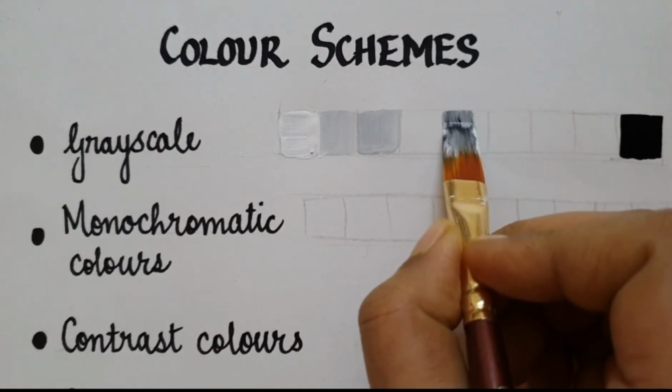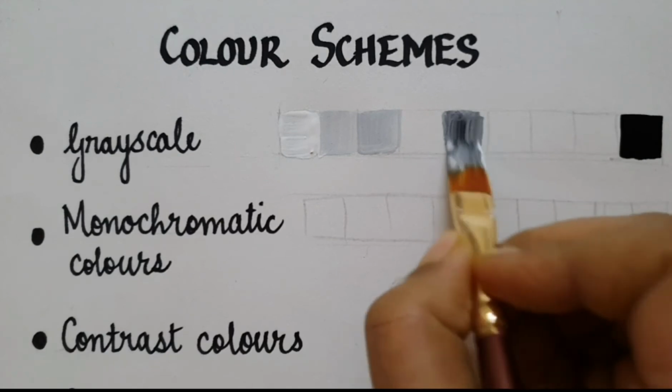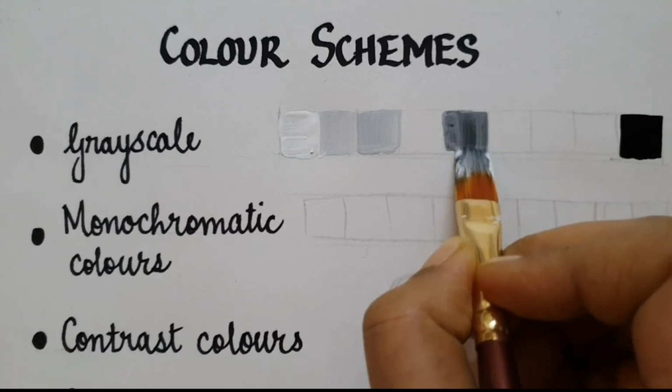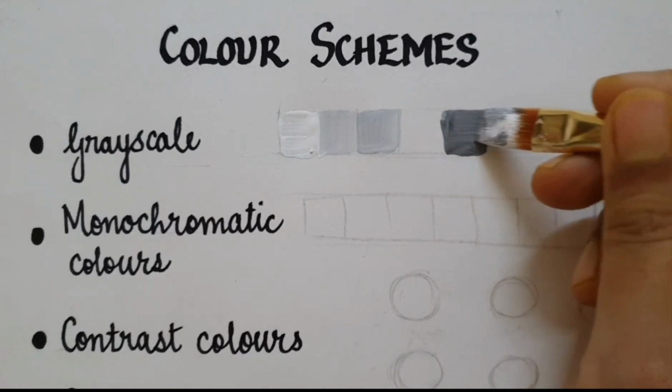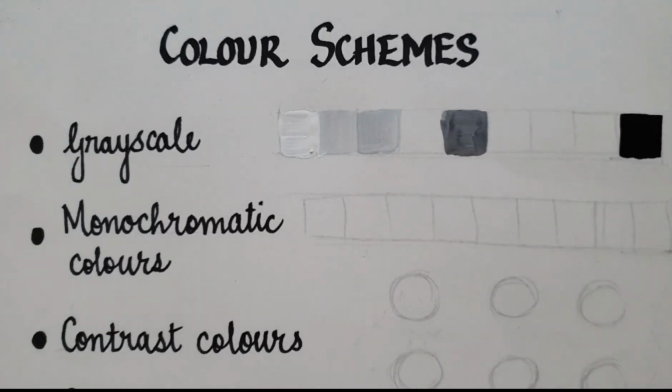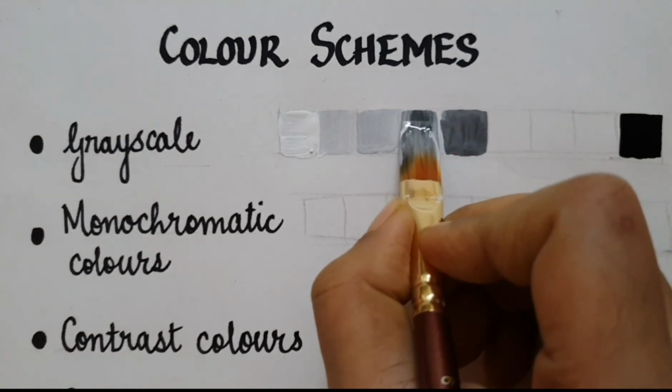So the center part will be 50% black and 50% white, neither very dark nor very light. As we proceed further to the left, we'll keep on making lighter shades.